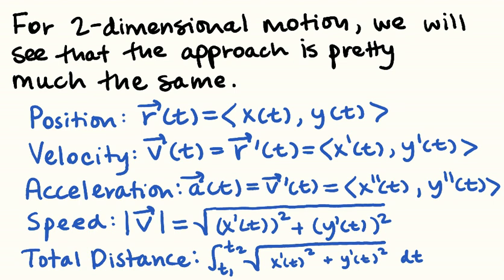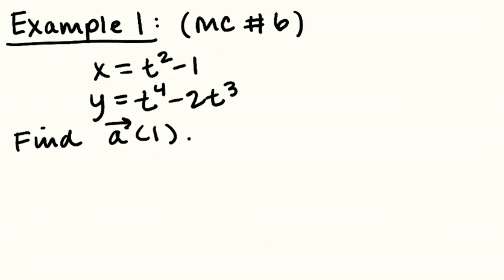Now, this might look familiar. You might be like, oh, last time I remember this, we took this same integral for arc length. And if you think about it, the total distance traveled along a parametric curve is going to be the same as arc length. I think that's pretty much all you're going to need to know.